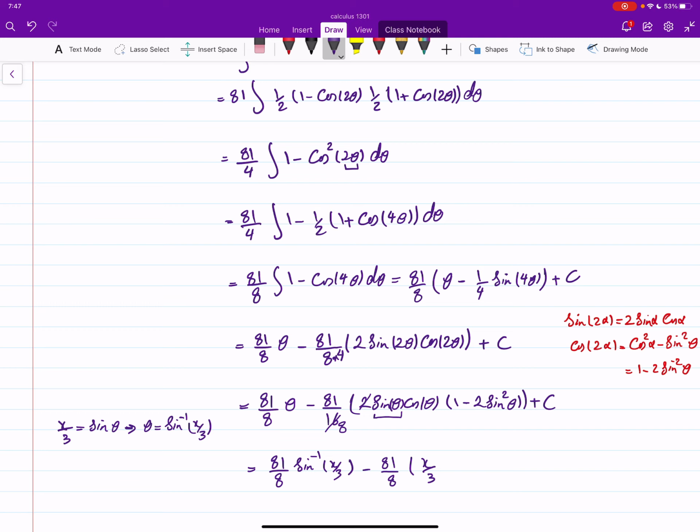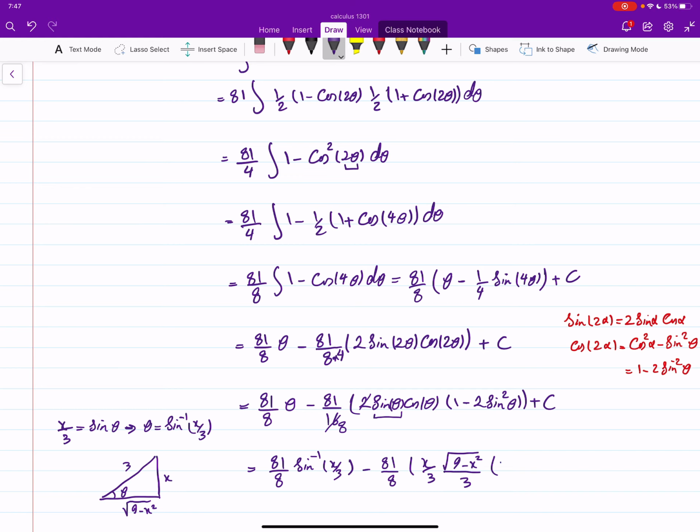You can use either cosine theta as root of 1 minus sine squared, or use the reference angle. This guy is theta, this is x, this is 3, and this will be root of 9 minus x squared. So cosine theta is root of 9 minus x squared over 3.